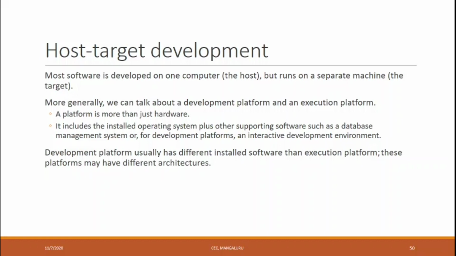The development platform usually has different installed software than the execution platform. Whenever you start developing software, you have a different platform, because you are developing a lot of applications, so it has to support all of them, like a high-end system. Whereas when you deliver a product to the customer, he wants to run only that one application according to the specification.